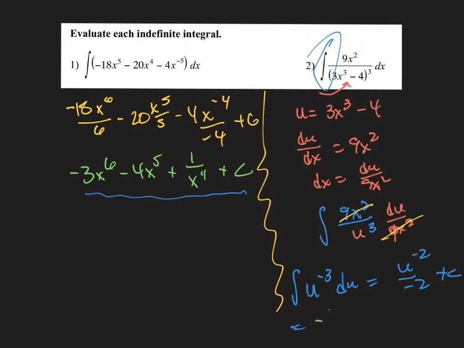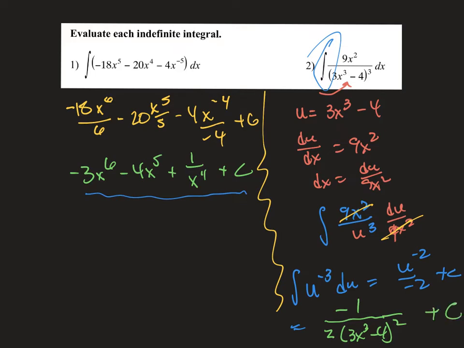I'm going to make this negative 1/2 for the negative 2 in the denominator. Actually, let's write it as a fraction. That's probably what the answer key is going to show. So let's make it negative 1 over 2, and then u was 3x cubed minus 4, and that's going to be squared in the denominator, and then plus c is over here.